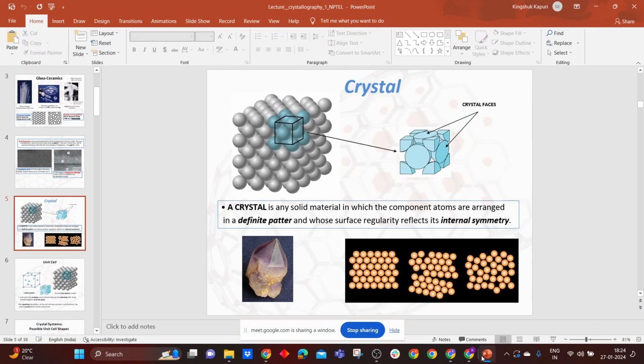So they have a regularity. Now what I meant by regularity is that I think you have come across the term crystal faces, right? So there are faces 100, 101, 110. So what are these faces?